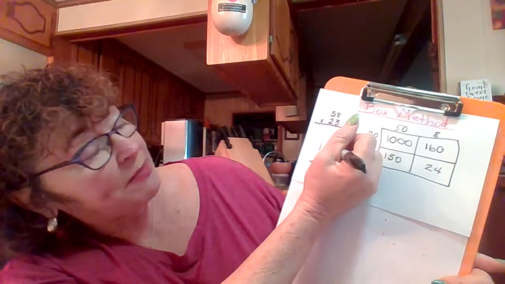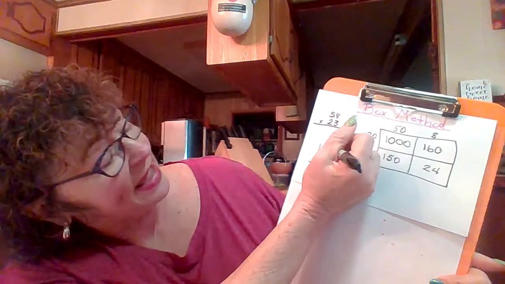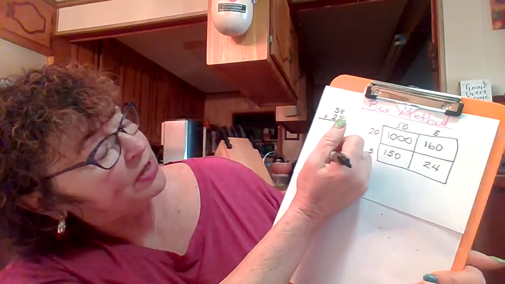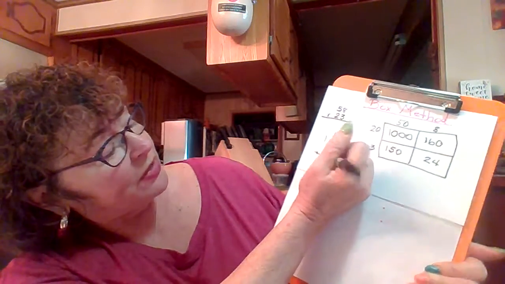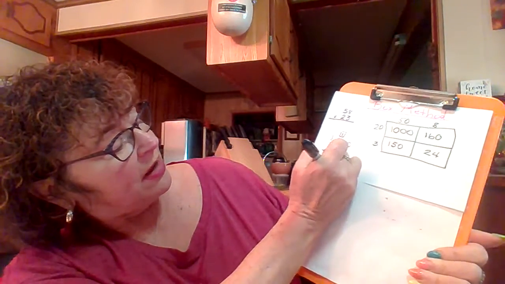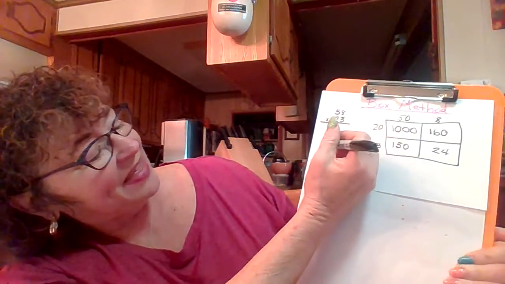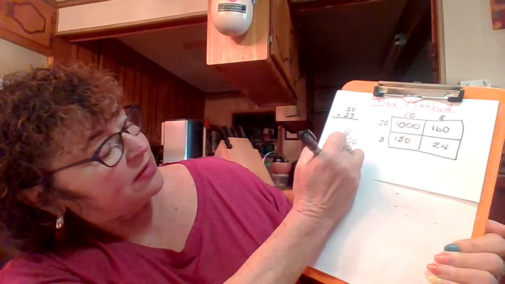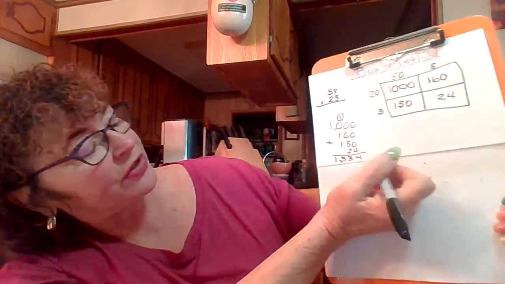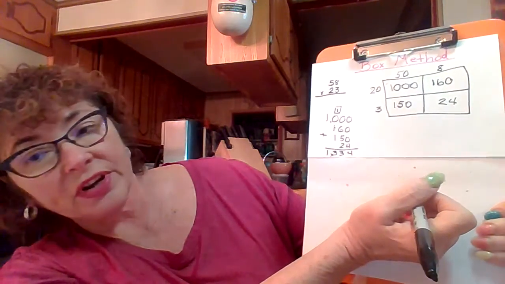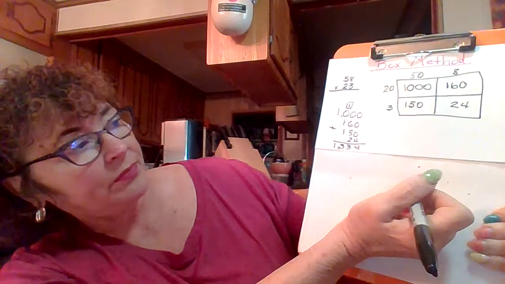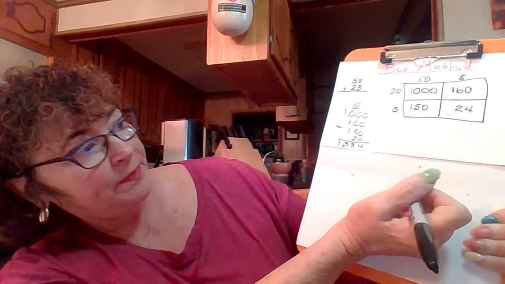Don't forget to add this carried 1. 1 plus 1 is 2. 2 plus 1 is 3. I'll put a comma there. And then we don't have any other thousands. So the answer is 1,334. Okay, I hope you remembered how to do that.